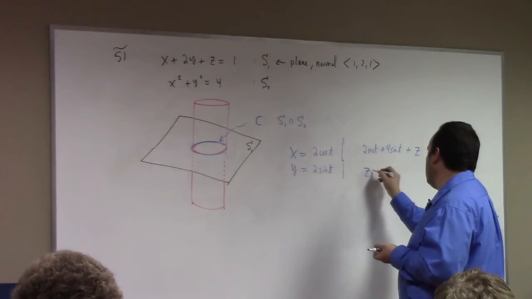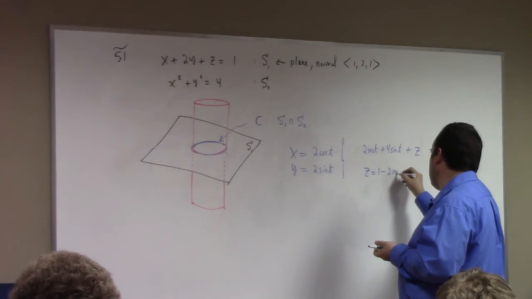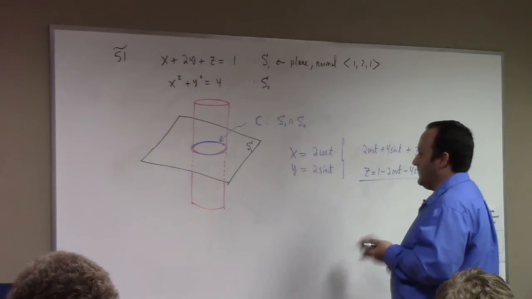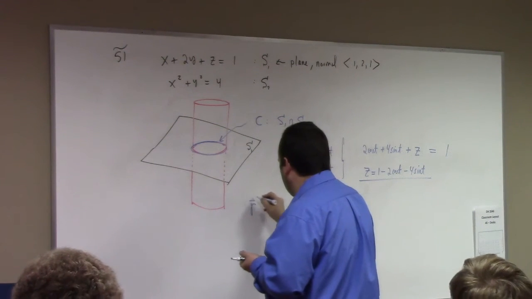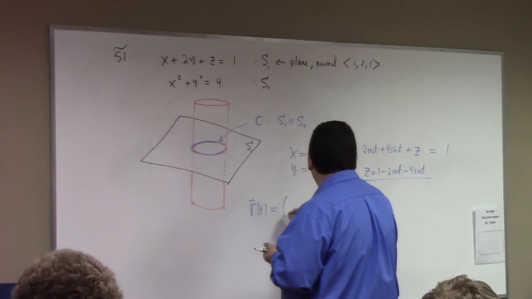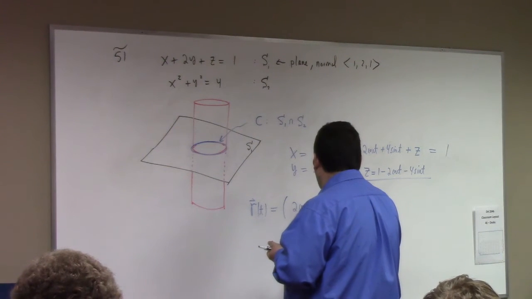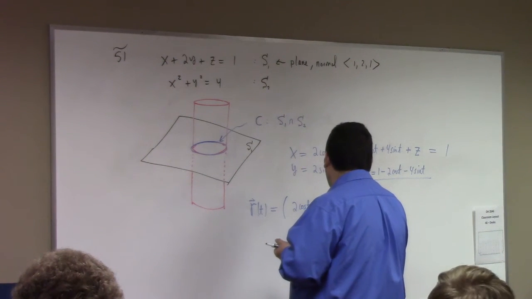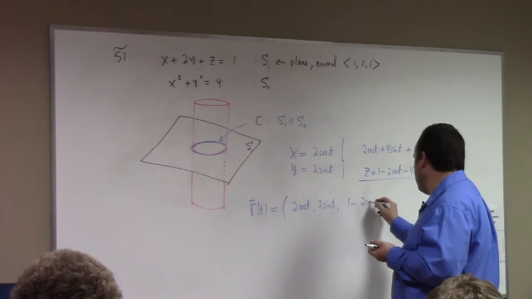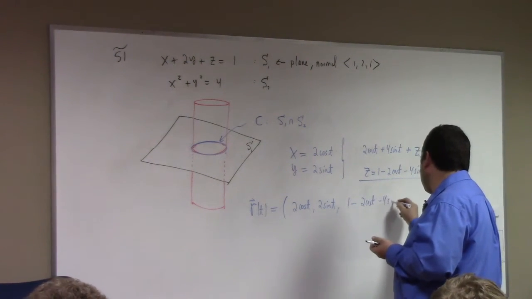So apparently z is equal to 1 minus 2 cosine t minus 4 sine t. There you go. So the parameterization of that curve of intersection is 2 cosine t, 2 sine t, 1 minus 2 cosine t minus 4 sine t. Does that make sense?